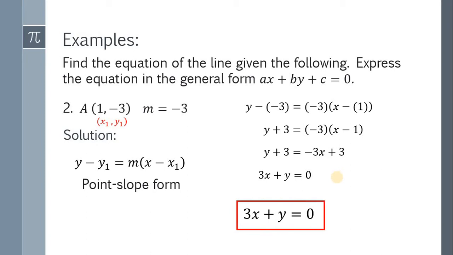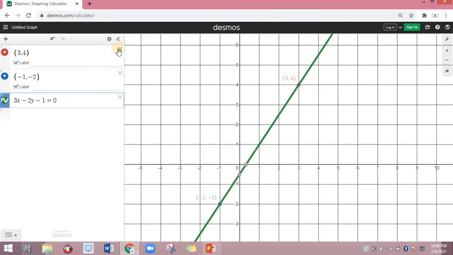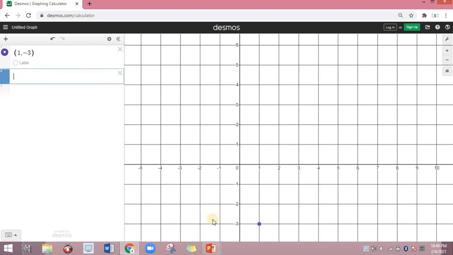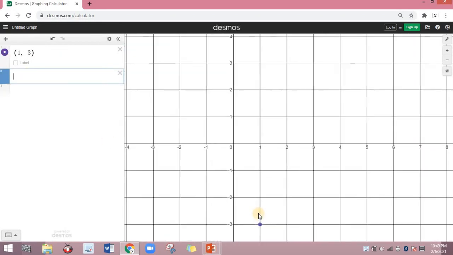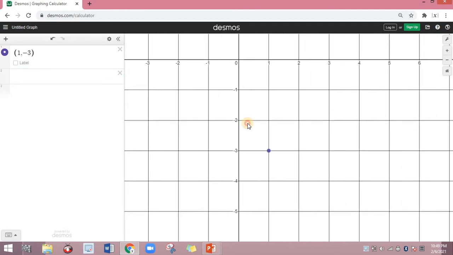Now, try natin i-graph kung ito ay dadaan nga ba sa (1, -3). Itong 3x plus y equals 0. Check natin. Ito yung point natin, (1, -3).